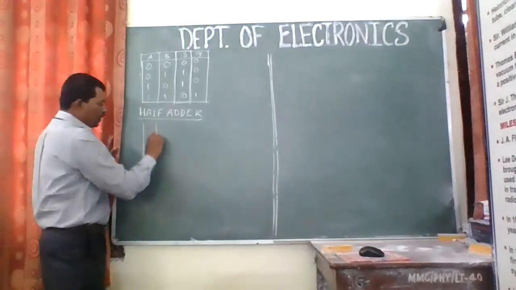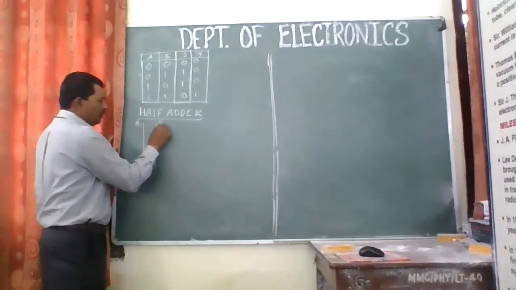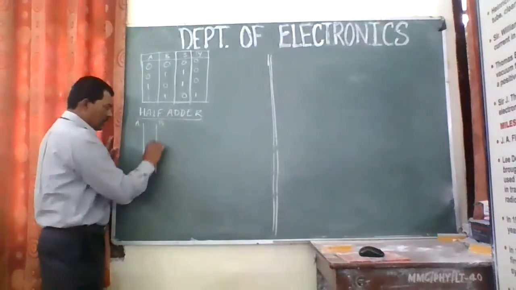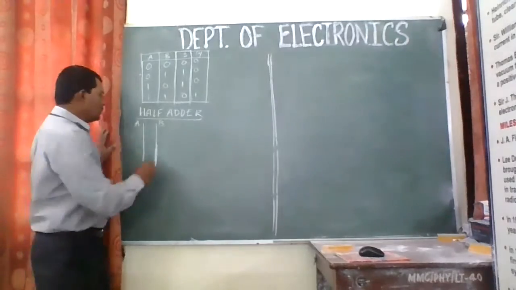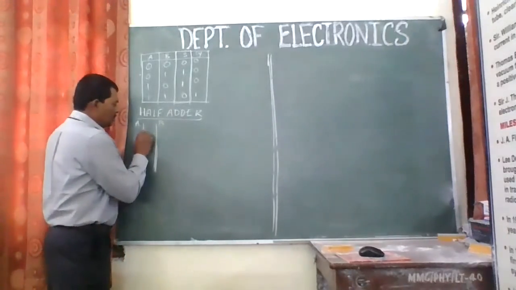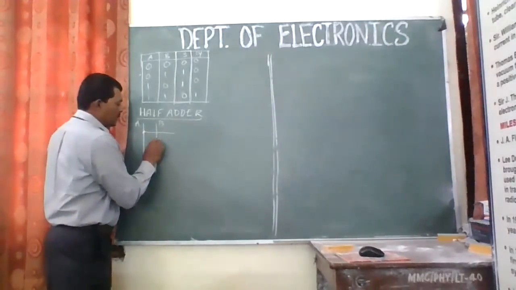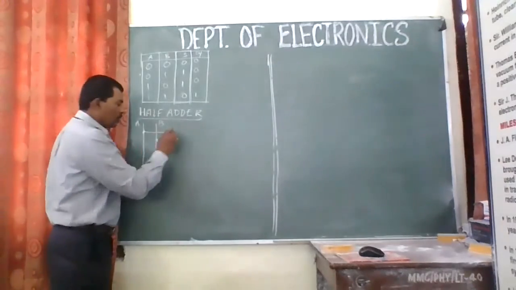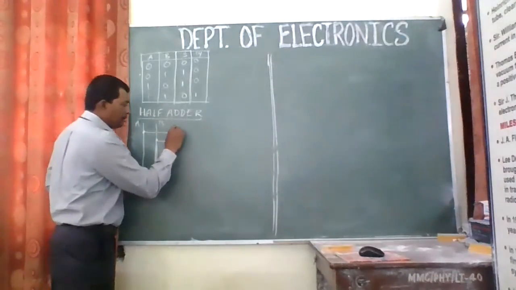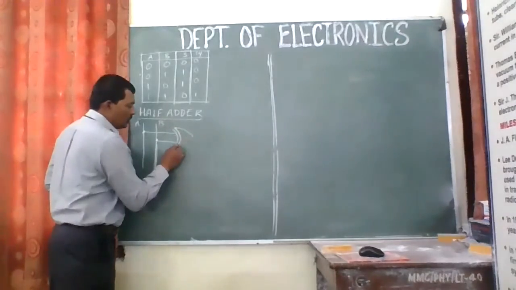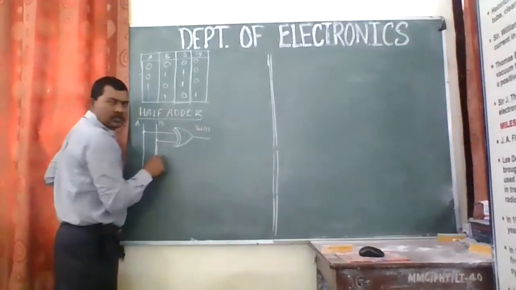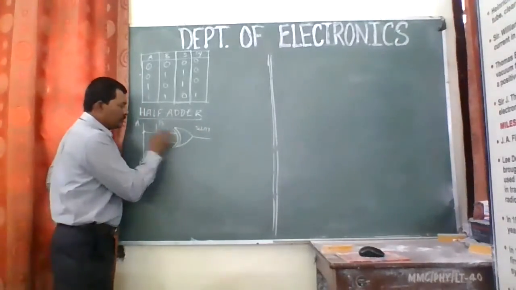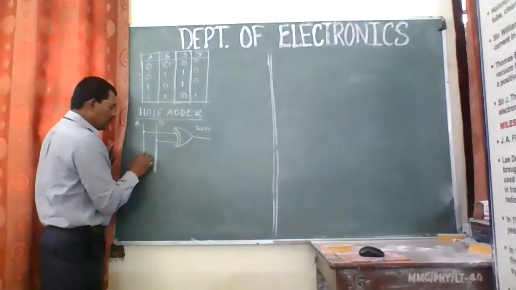So we'll be having two inputs, input A and input B. So I'm using these two lines for that. I'm mentioning these as A and B, two inputs. I will be using two lines like this, giving them to a gate whose output I'm going to call sum. This is the XOR gate, simplest.